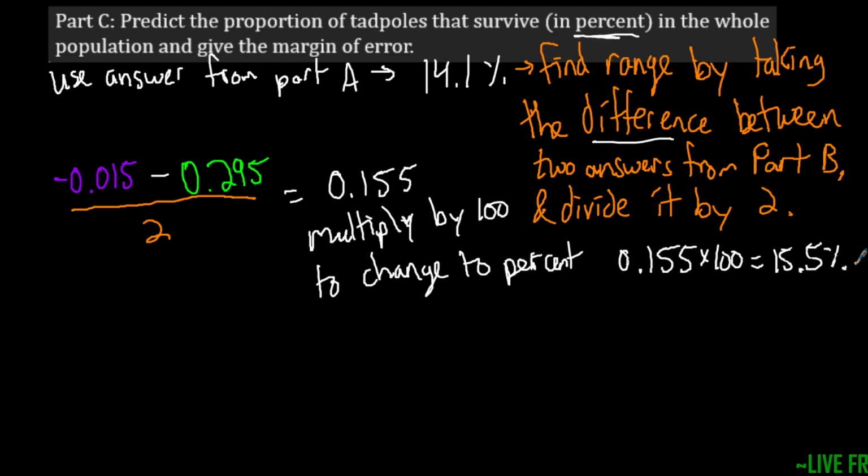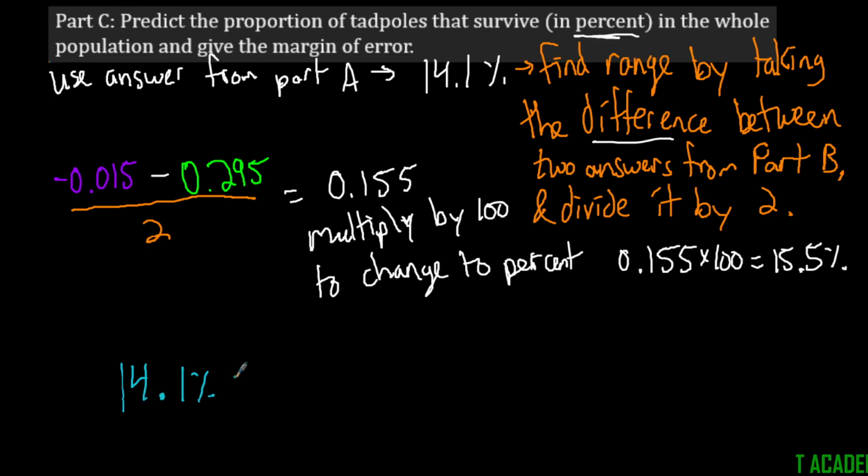Now that we found the margin of error, we're going to add that to the mean. Our final answer, we'll do in blue down here, is going to be this number along with this number. Altogether our answer is going to be 14.1%.